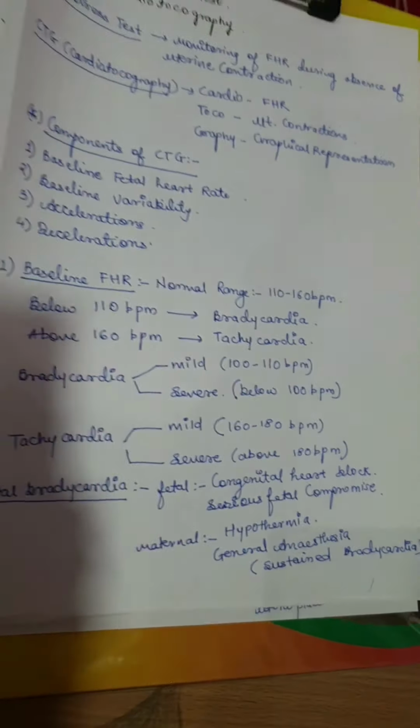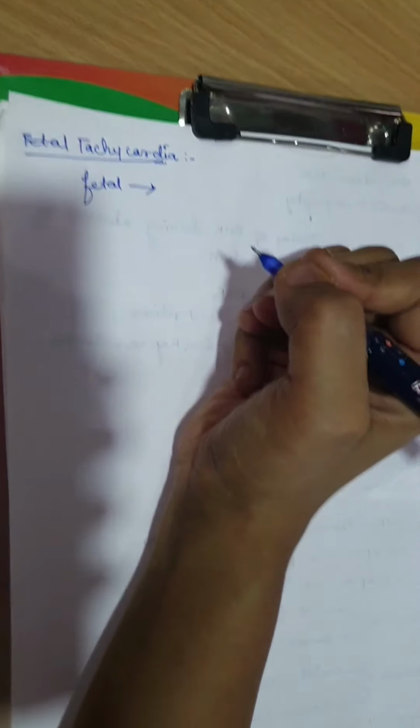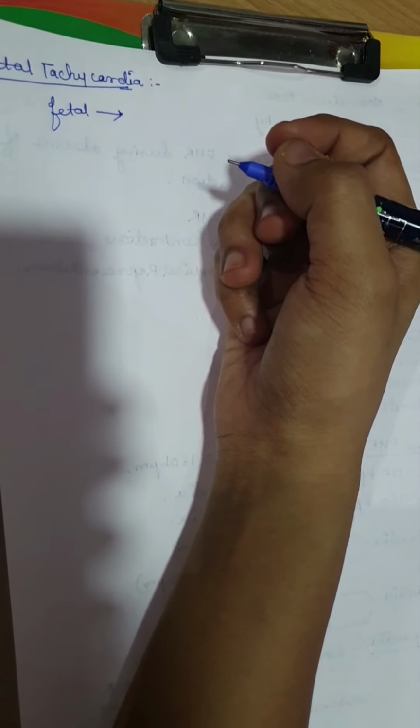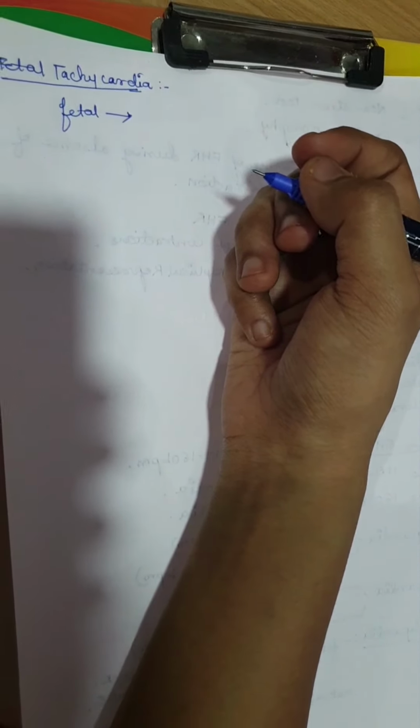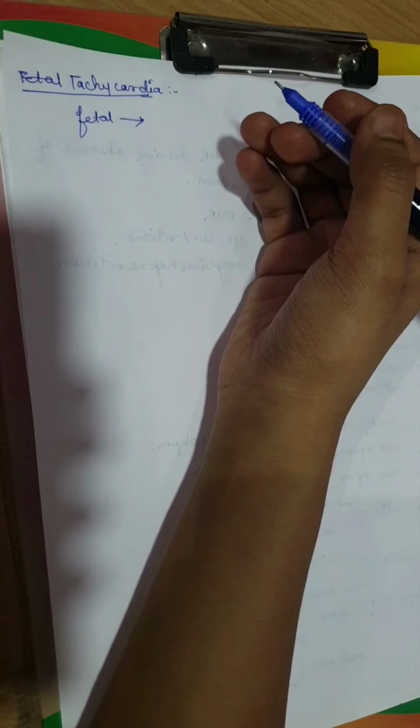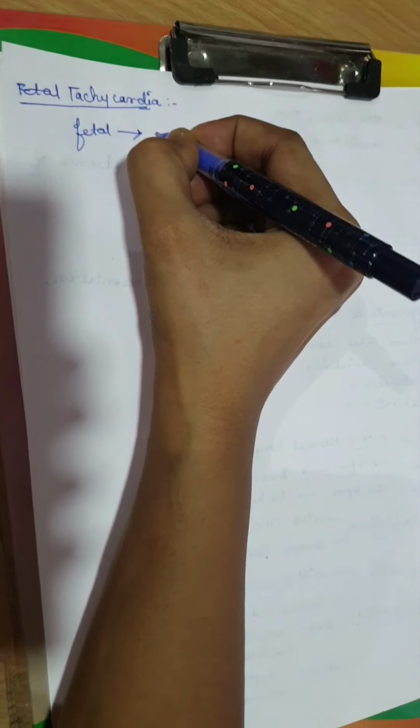Now we will see what causes fetal tachycardia. So what are the fetal causes? If there is chorioamnionitis, then it might cause tachycardia, because there might be chances of sepsis, there will be an increase in temperature, so there will be a rise in the fetal heart rate.